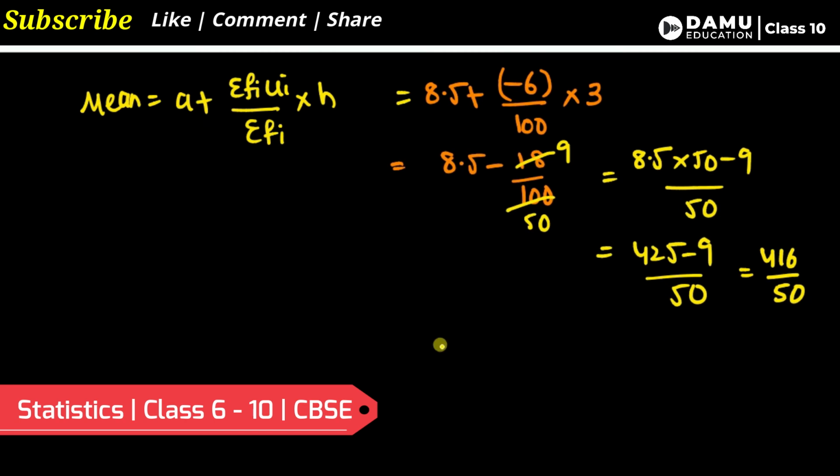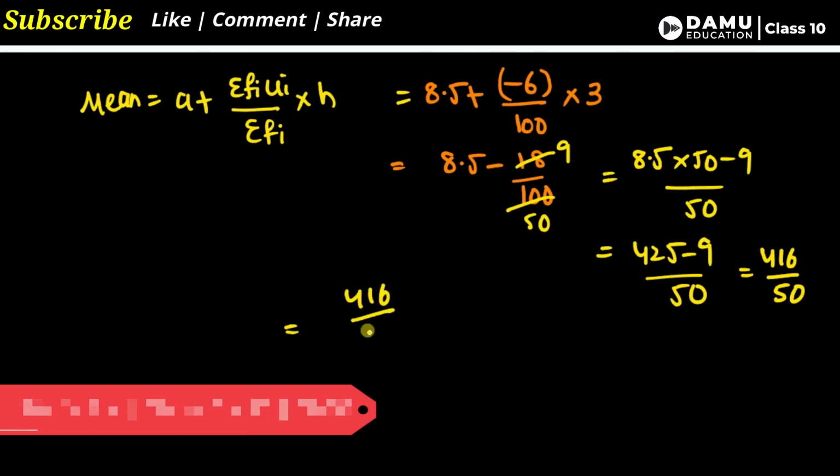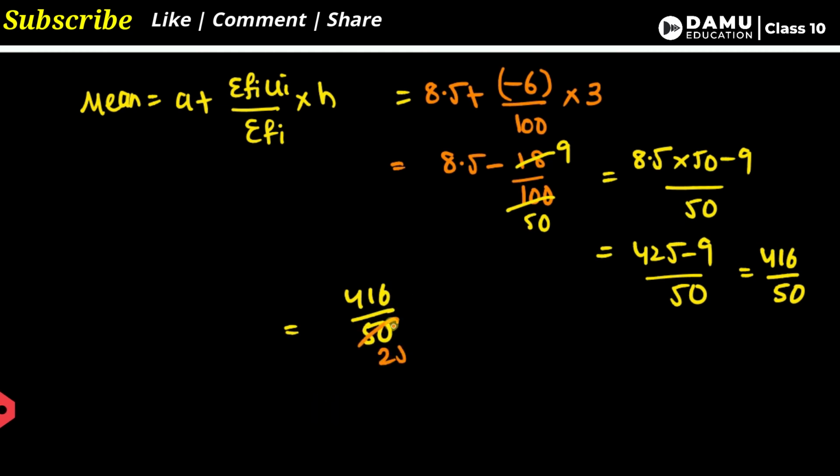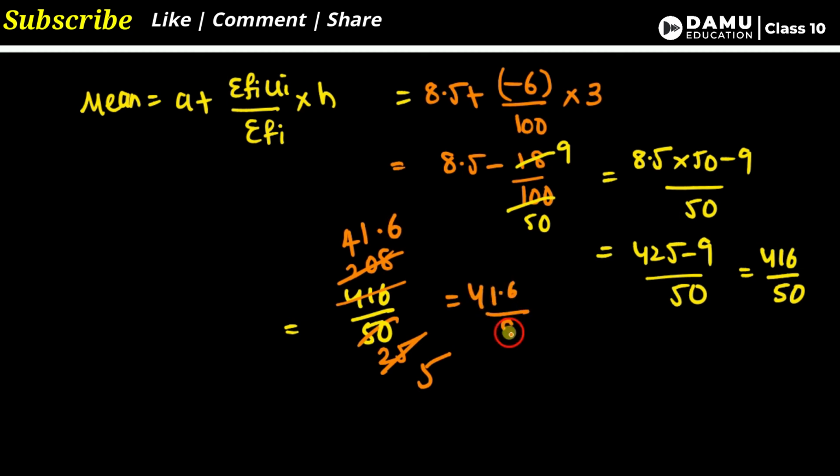Is there any possibility to simplify the calculation? We are going to calculate 416 with the 50 itself, or you can go with 50 as 2. So 2 25s are 50, then 2 2s are 4, 2 8s are 16, then 5 5s are 25, then 5 4s are 20, then 8 will be there. 41.6 by 5.